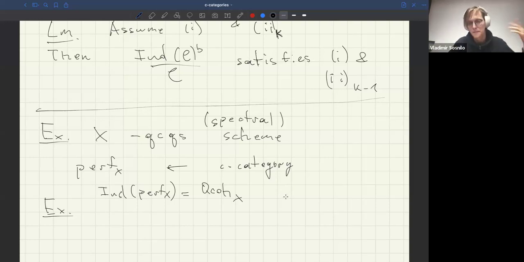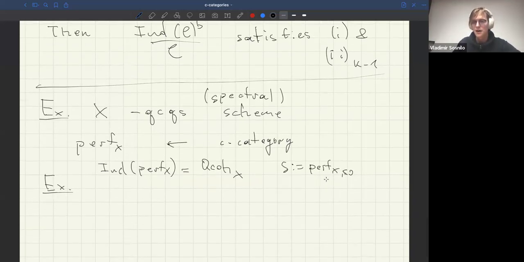So we apply the theorem with S being equal to Perf X less or equal than 0, and this is by definition complexes of non-positive Tor amplitude.